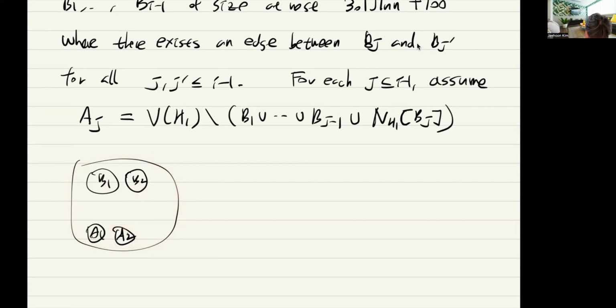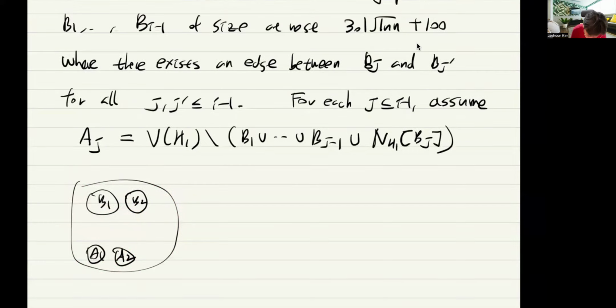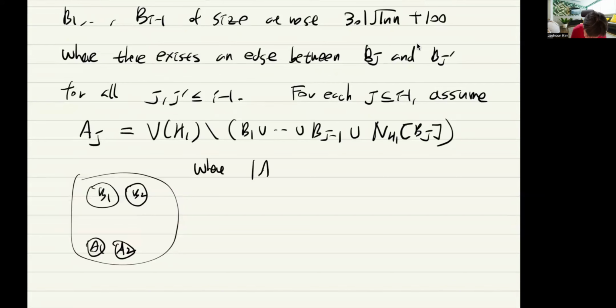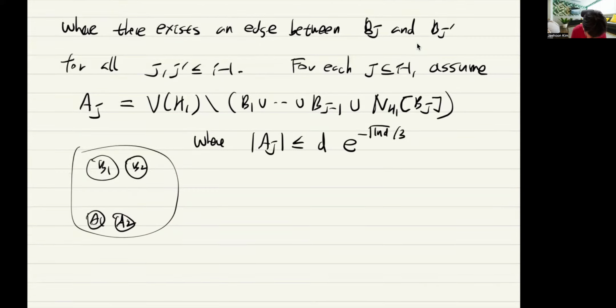We don't really care about whether a vertex here sends an edge or not. So out of here, you only consider the ones that are not sending an edge, and so on. And assume that each of these is actually small, D times e to the negative square root of log D over 3.